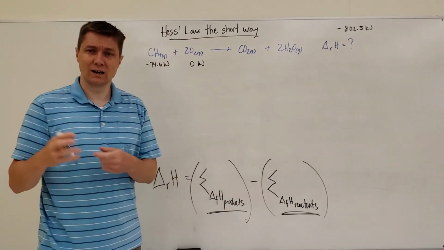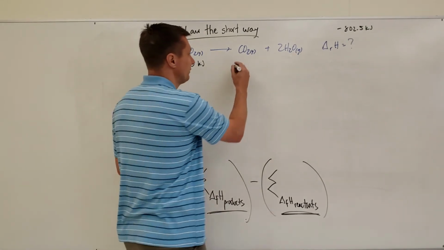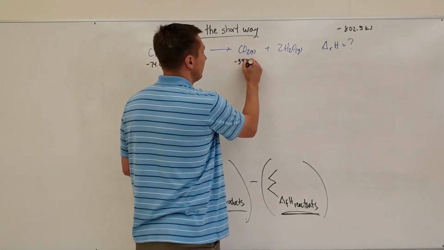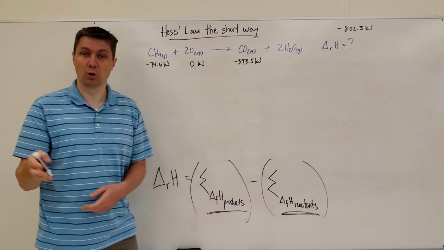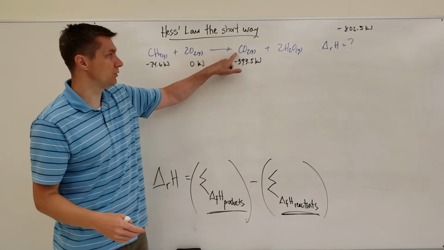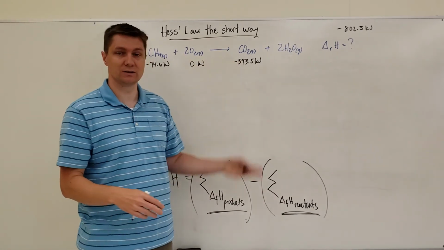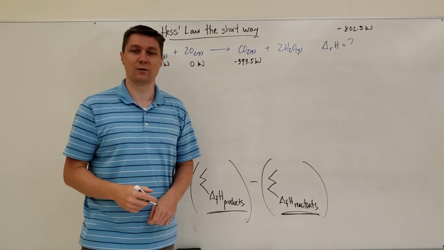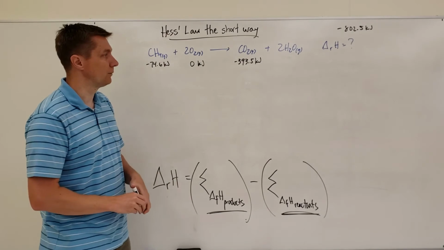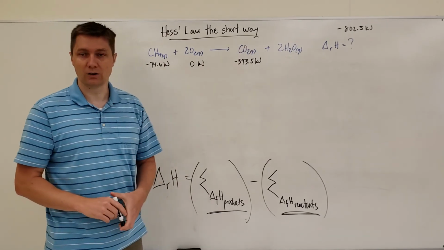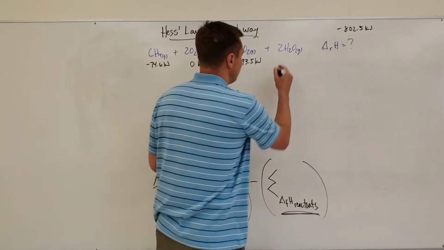For carbon dioxide, I look in my data booklet again, and that's negative 393.5. In the data booklet it is kilojoules per mole, and because in this chemical reaction I only have 1 mole of carbon dioxide, if I multiply this number by 1, that cancels out the moles, and it's just negative 393.5 kilojoules. Water vapor is negative 241.8 kilojoules per mole.